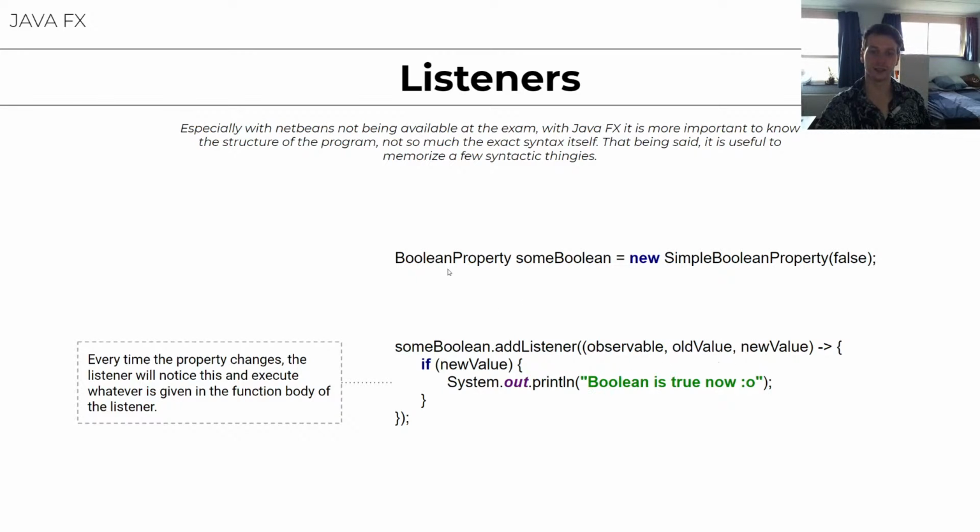Now, let's say that we have a double property, right? So let's say that instead of a Boolean property, this is a double property, and the value changes from 5 to 10. That means that this function is called because it listens to a change of that value. The old value is 5 because it changed from 5. The new value is 10.